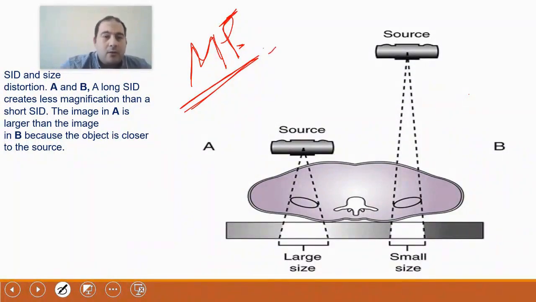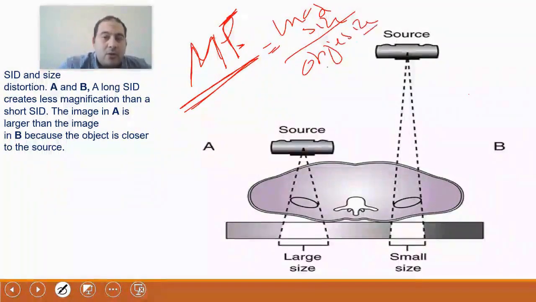What is it about? It is about the image size in relation to the object size. You will always find that the size of the image of the object you are imaging is larger than the actual size of the object itself. So you will always find that the magnification factor will naturally be greater than 1 because magnification occurs.